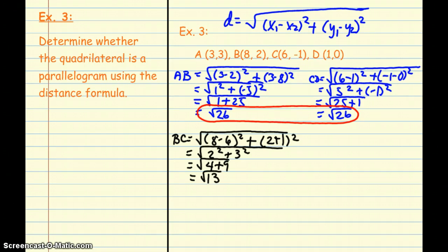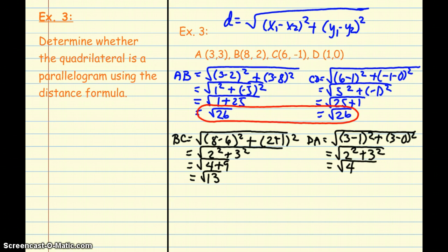Okay, so again, if this is going to be a parallelogram, then we hope that side DA is also the square root of 13. Again, you can do this in any order that you want. I'm going to choose to do 3 minus 1 squared plus 3 minus 0 squared, and 3 minus 1 is 2 squared plus 3 squared, which gives me 4 plus 9, which gives me the square root of 13.